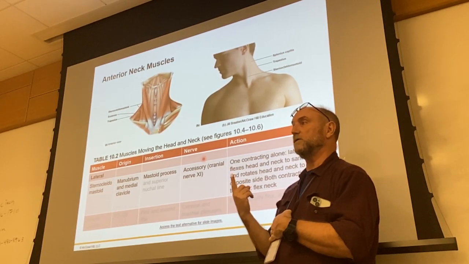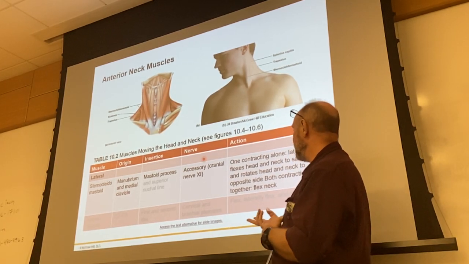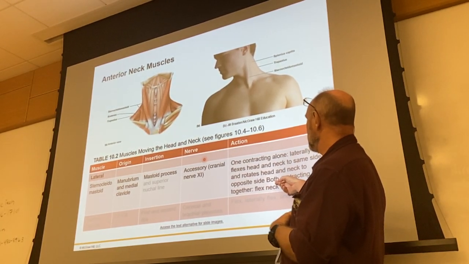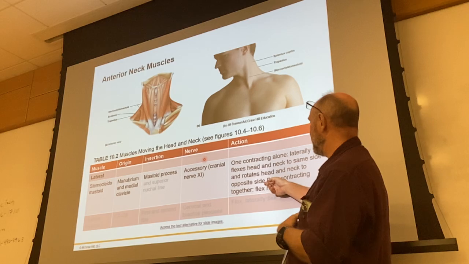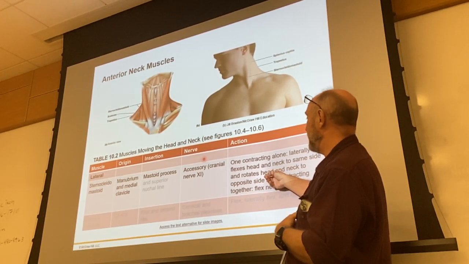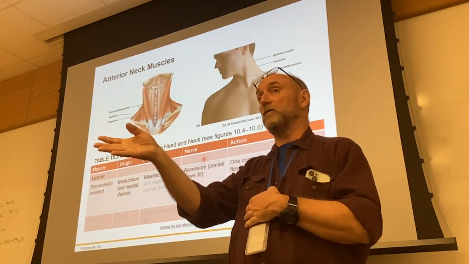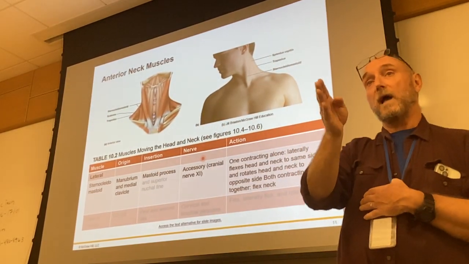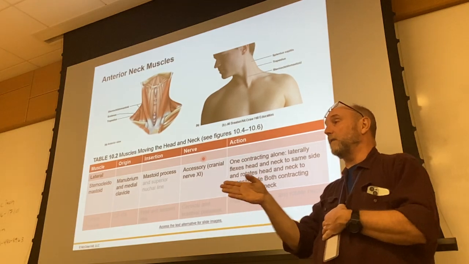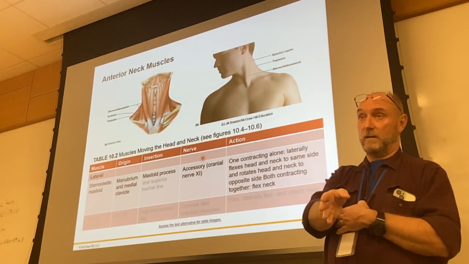Unilateral means one of the two sides is contracted. When you pull down like this, that's bilateral movement, when both sides are contracted. Both sides contracting is flexing of the neck. Unilateral movement is rotating of the head. Remember, we're talking about the actions that we talked about in chapter 8.